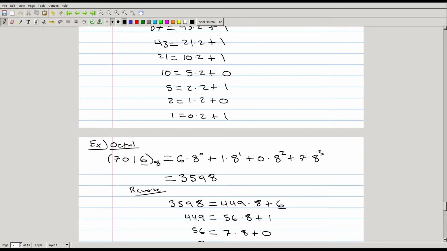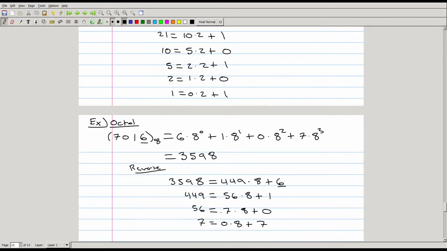The next digit will be 449, which is the quotient here, divided by 8, which is 56 times 8 plus 1, gives us a 1 in the next digit. 56 divided by 8 will end up being 7 times 8 plus 0, so a 0 remainder, which is this digit. And then lastly, 7 is equal to 0 times 8 plus 7, so the final digit is going to be a 7, and we stop the algorithm because our quotient hits 0.